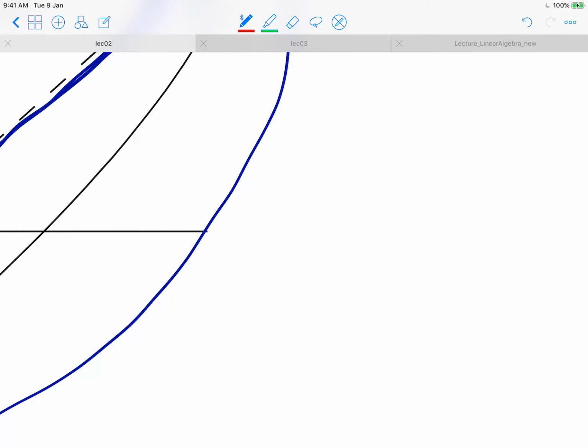let me finish it within maybe 2 minutes. So suppose these are our two eigenvectors, and let's also assume that those two have a unit norm.